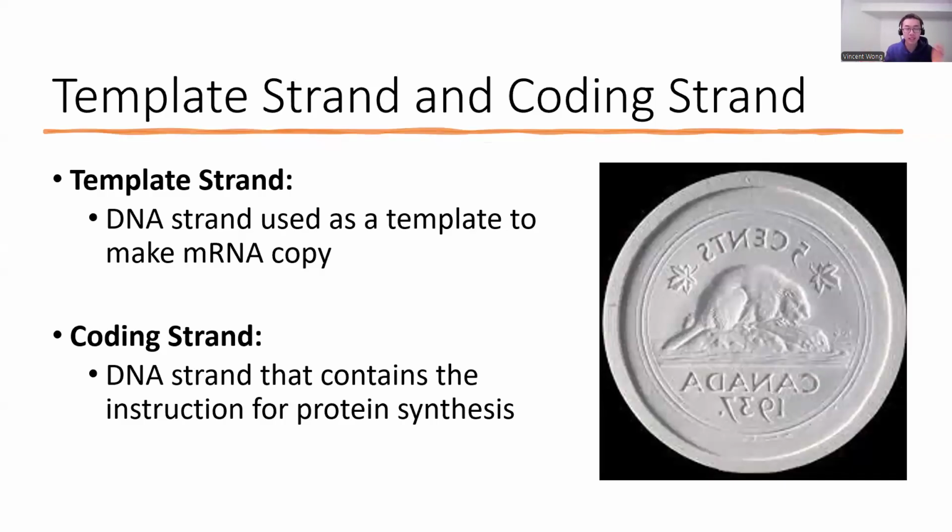The mold has to be a mirror image, or an inversion, of what you want. And that's how it is with transcription. We are not going to be copying directly from the coding strand. It will come out backwards. That's why we are copying from the template strand, so that it comes out correctly.